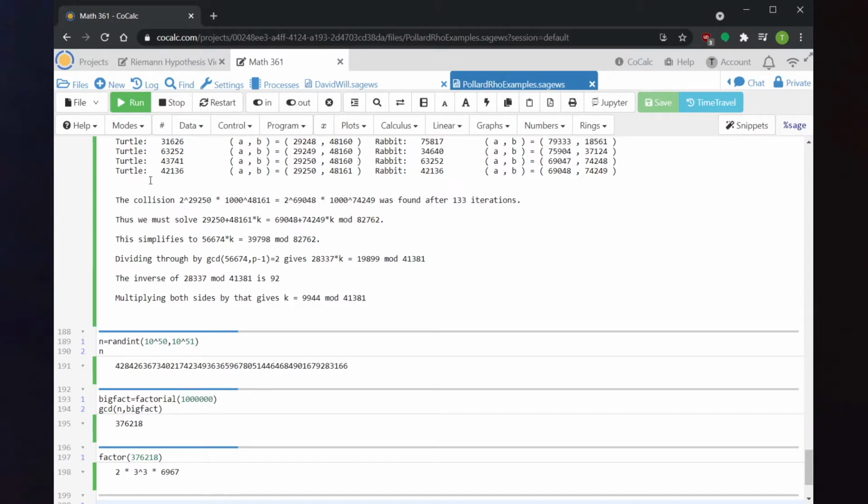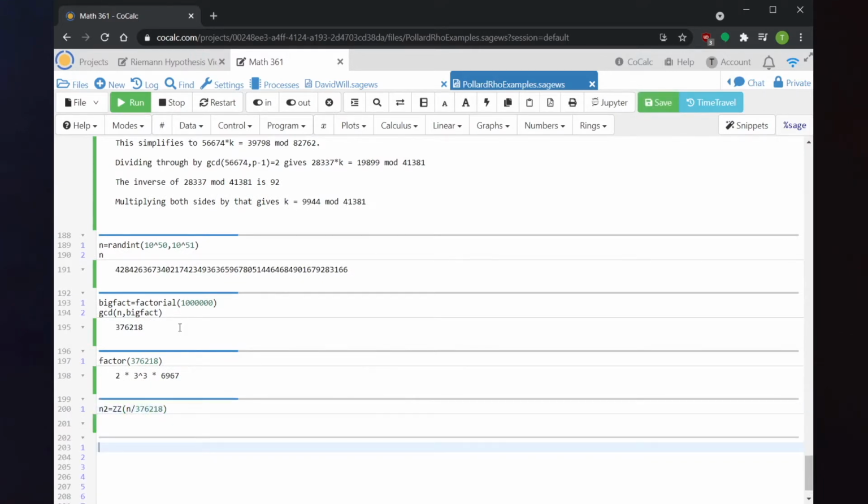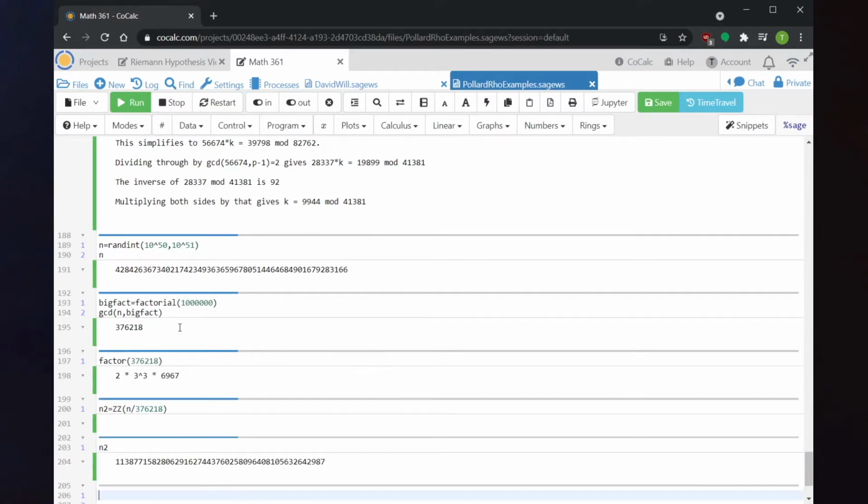So I'm going to go ahead and divide that 376,000 number out from our n, and I'm going to call the result n2. So n2 is n, but with all the small prime factors pulled out. Note the ZZ there around the division is just to tell Sage, hey, after you do this division, you're still going to have an integer, so I want you to think about it as an integer and let it do integer things.